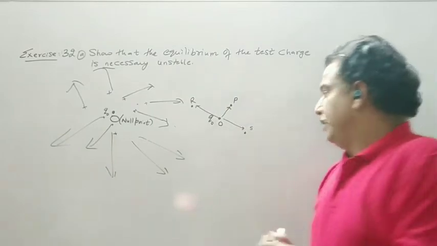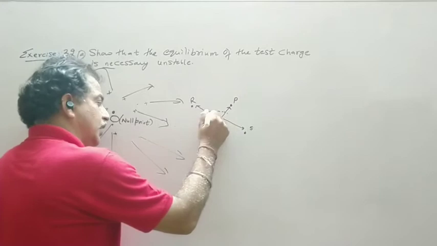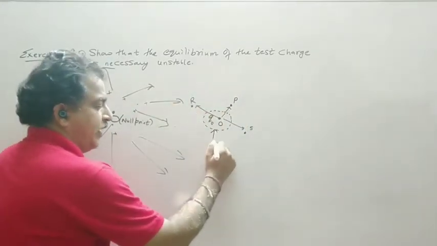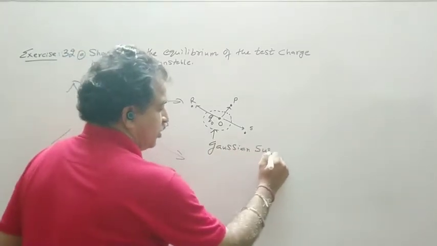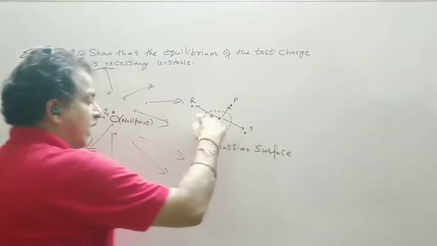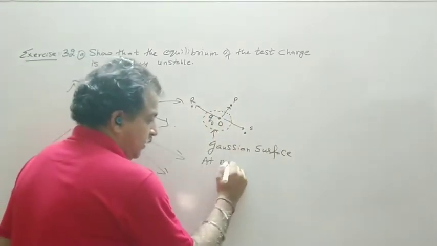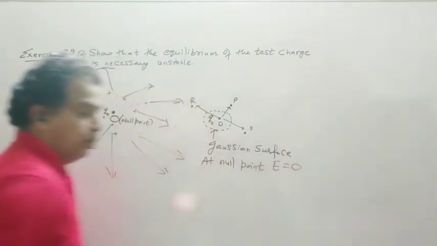However, if I consider this is the null point, and I consider a small Gaussian surface around the null point, at the null point E is equal to 0.